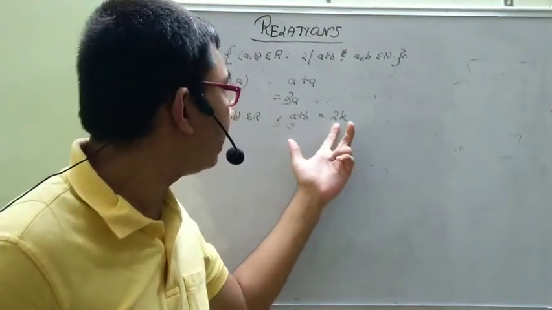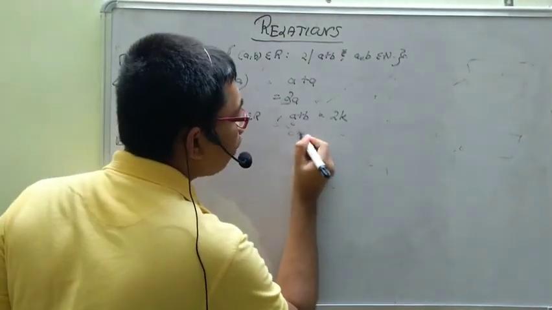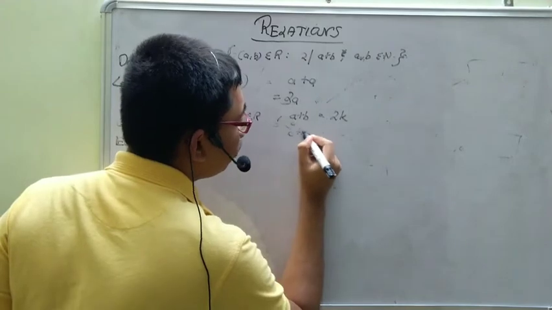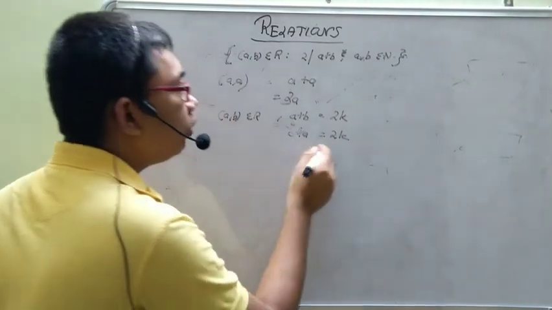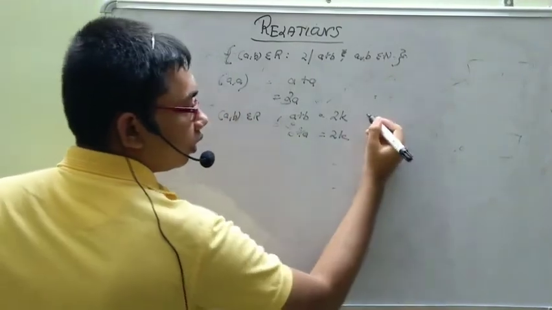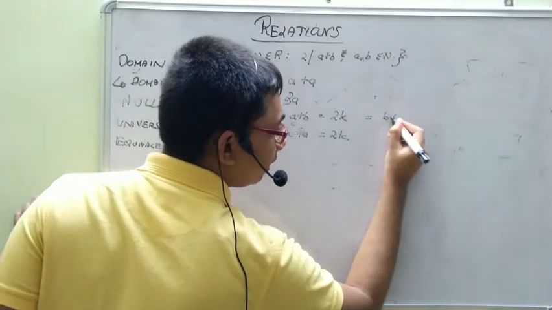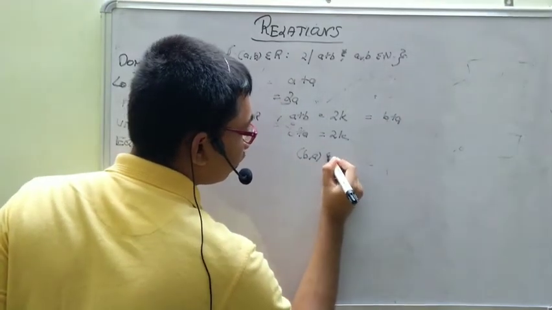What is b plus a? You know addition is commutative, right? So b plus a will also be equal to 2k. Therefore, (b, a) is an element of R.